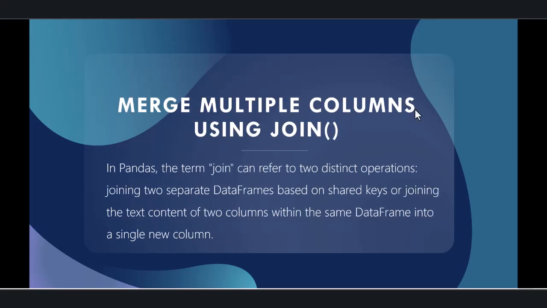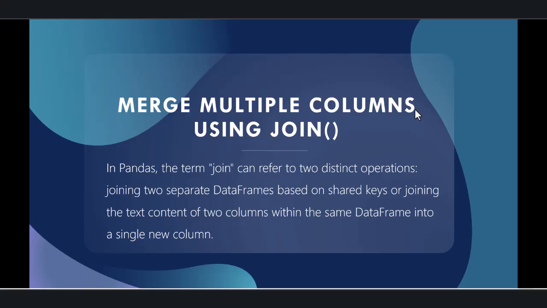Now we'll see how to merge multiple columns using the join function. In pandas, the term join can refer to two distinct operations: joining two separate data frames based on shared keys, or joining the text content of columns within the same data frame into a single new column. By using the join function, we can do two operations.